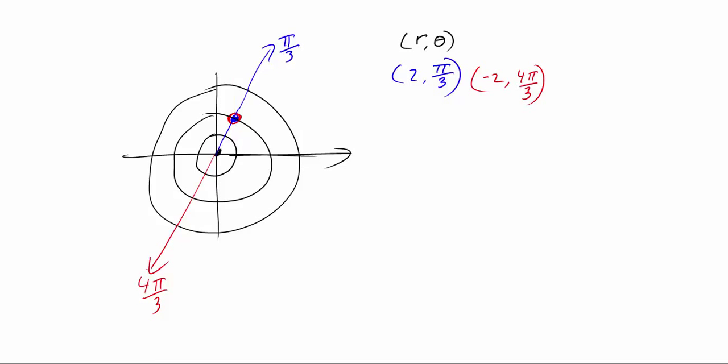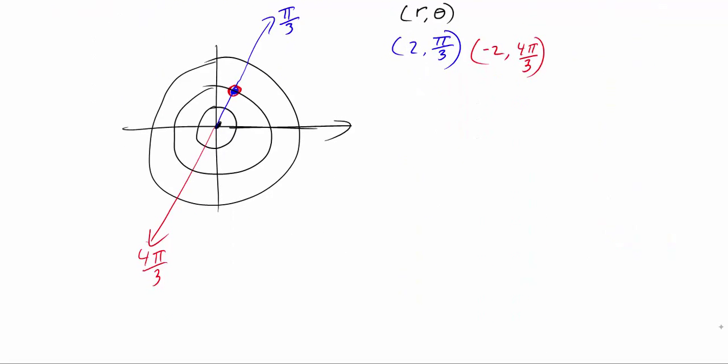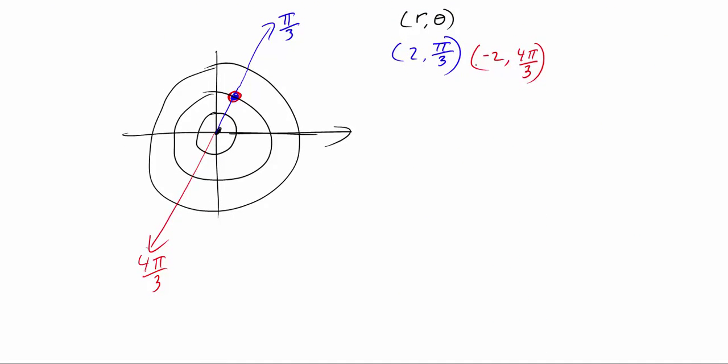And recall though, when we worked with the rectangular coordinate system to find this point, there's only one x and y value to get here, which is 2, 3, over 2 and up 3. Whereas with the polar coordinate system, we're going to discover that we could have an infinite number of points to get to this particular location. For example, I could use 2 and I could look at a -5 pi over 3.